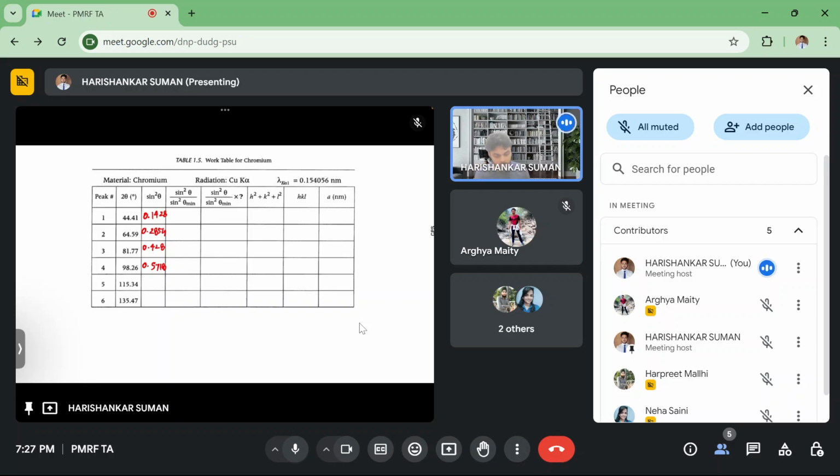Sine square 71399 and 135.47 divided by 2 square 20.6.